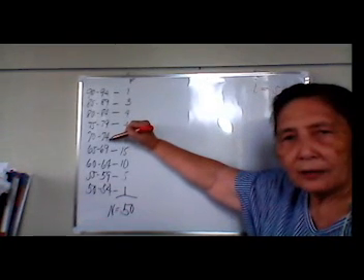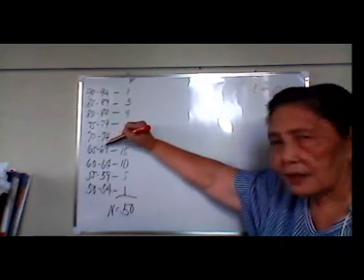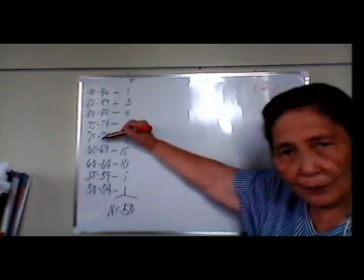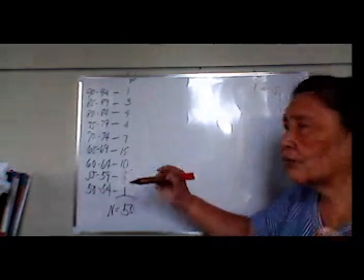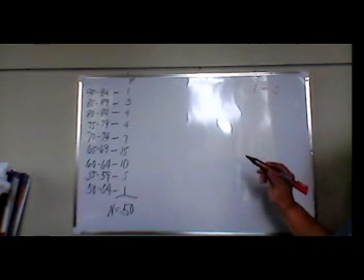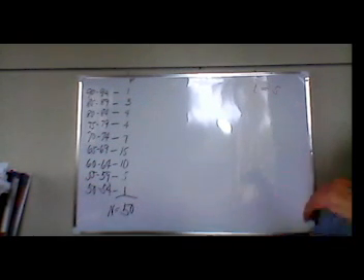What's the midpoint? 65 plus 69 divided by 2, that gives us 67. So that's what we call the midpoint. I'd like you please to remember this word, midpoint, okay?